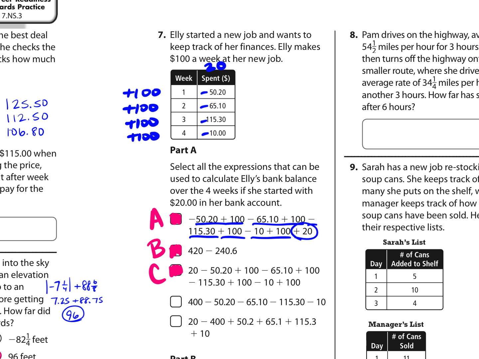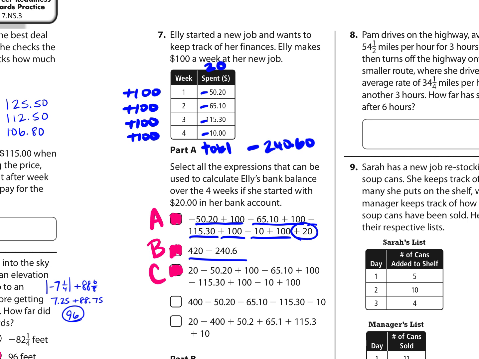So choice A worked. Choice B, she added 420, and the total she subtracted here was $240.60. So that's where that came from.